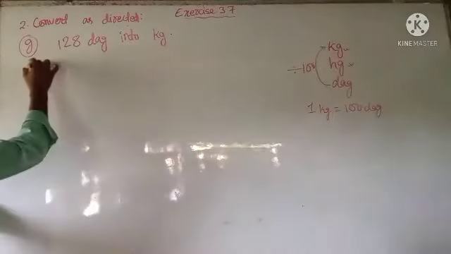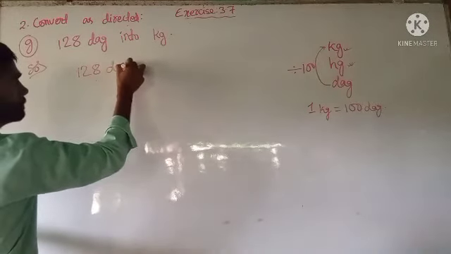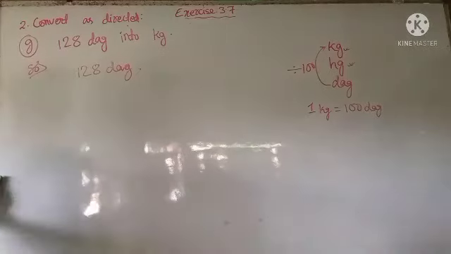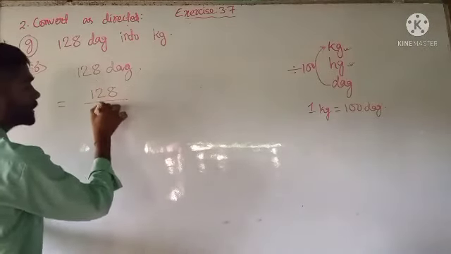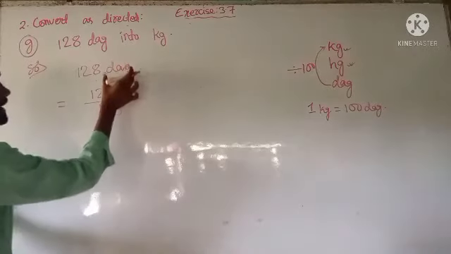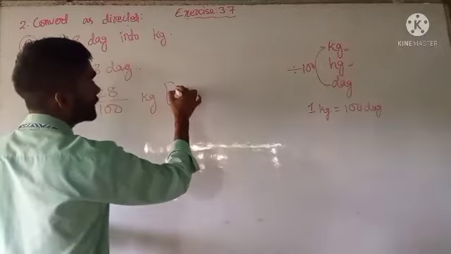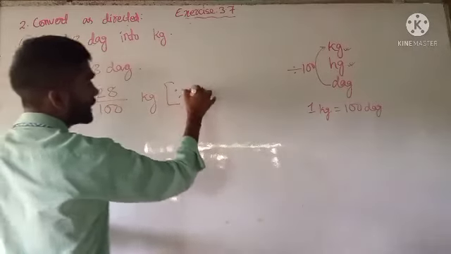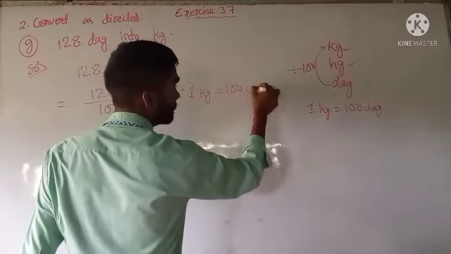So now let us convert this one, that is 128 decagram. Now 128 we will divide by 100, so that the unit here for decagram will change into kilogram. And we can write the reason, that is since 1 kg is equal to 100 decagram.